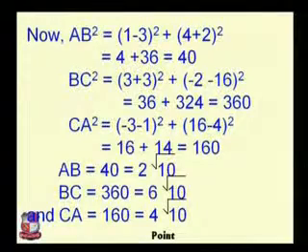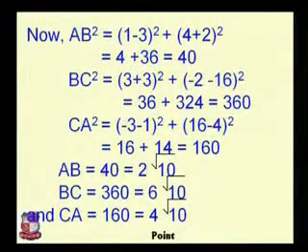Now AB square is 40, taking the square root, we get 2 root 10, and BC is equal to square root of 360, which is 6 root 10, and CA is equal to square root of 160, which is 4 root 10. Because the factors of 40 are 4 into 10, we get square root of 4 into 10, which is 2 root 10.